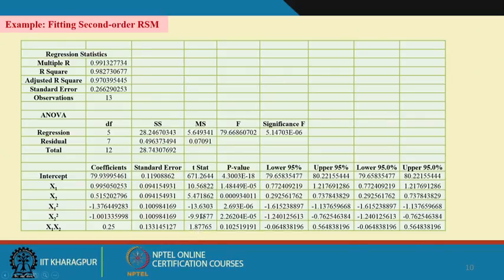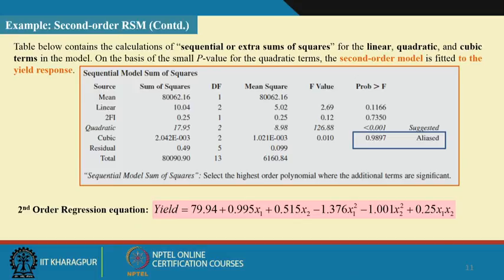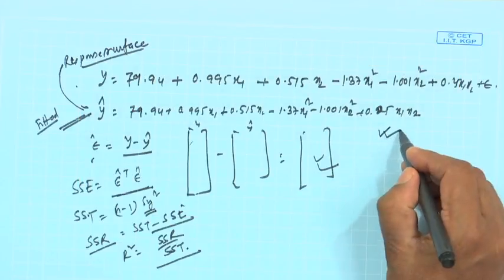So, these are very high values, which means they are significant. If you see the p value, it is very low, and only x1 x2 is significant at the 0.1 probability level. At the 0.05 probability level, we can say the interaction term is not significant. So, we can say that the second order response surface is a fit one here.